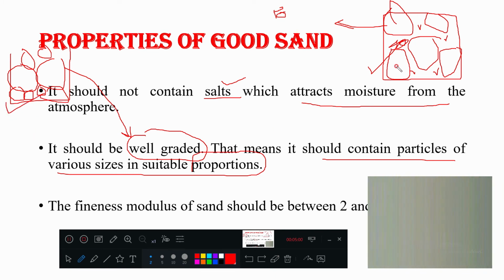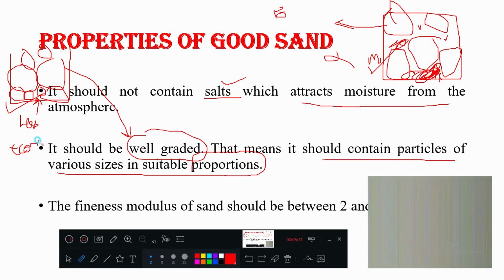Okay, cement consumption is more here. Cement paste consumption is more because more voids are there. To fill these voids there are no aggregates, so only cement paste is left. More cement paste means it is not economical. In well graded, fewer voids, fewer gaps, and cement paste consumption is also less, so it is becoming economical.